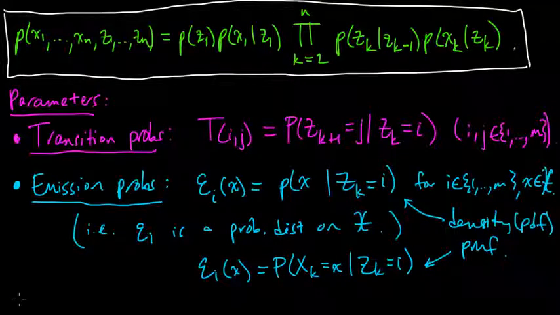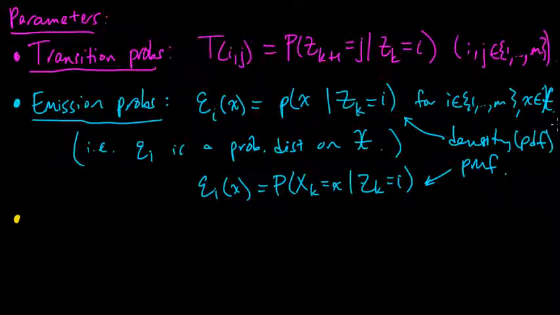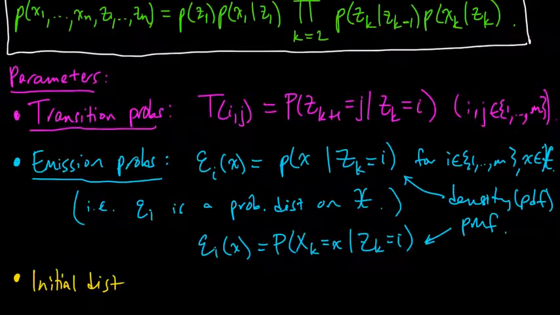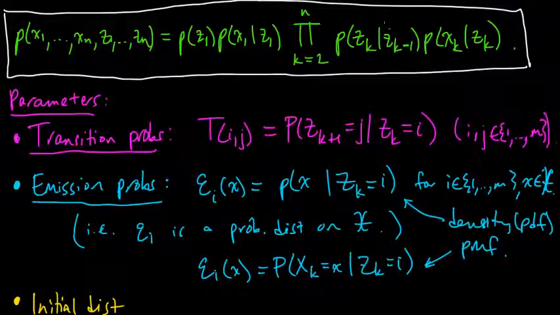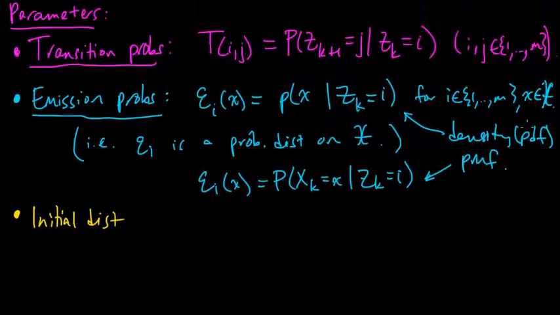And there's one more set of parameters that we must choose: the initial distribution. So far we've done these guys, and these guys, and we just need to do this guy.